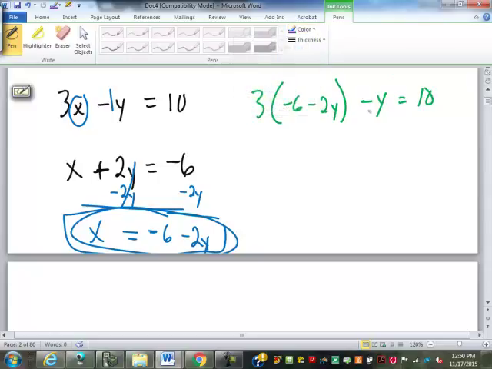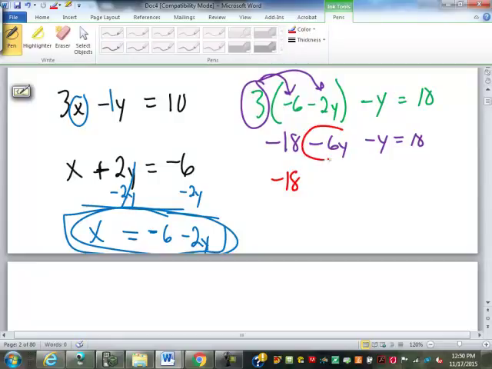Now what? Well, 3 times negative 6 is negative 18. 3 times negative 2y is negative 6y, and then we still have minus y equals 10. Now here, this can be a little tricky. The negative 18 doesn't change, but we have negative 6y minus y, which is negative 7y.